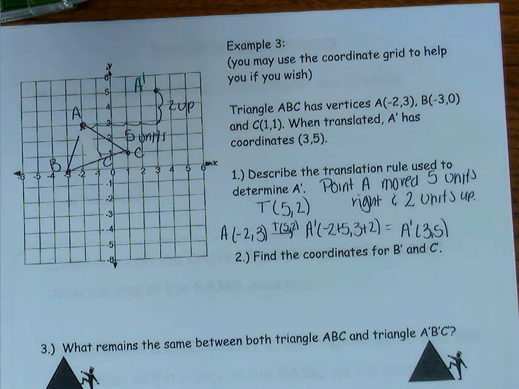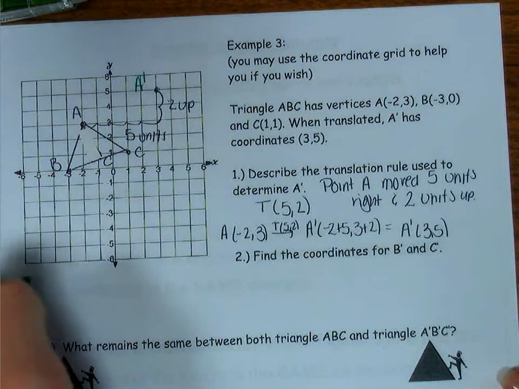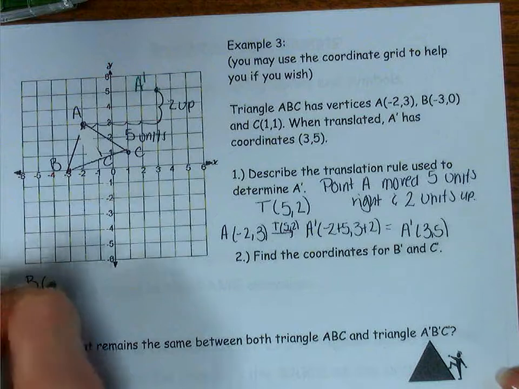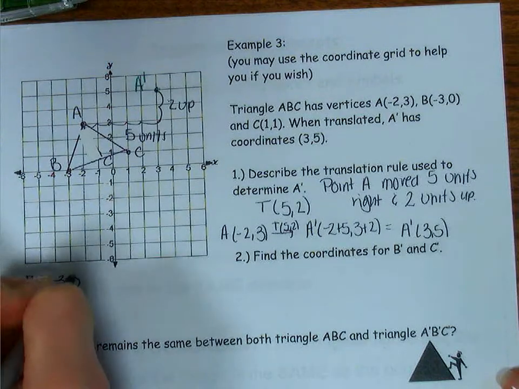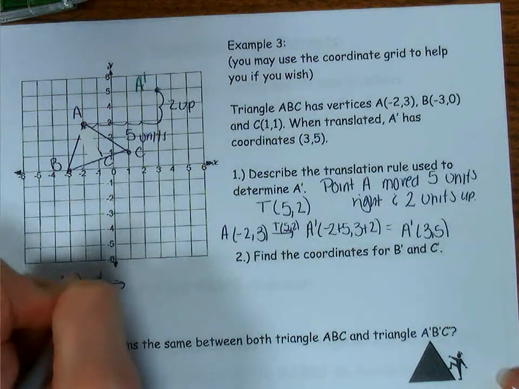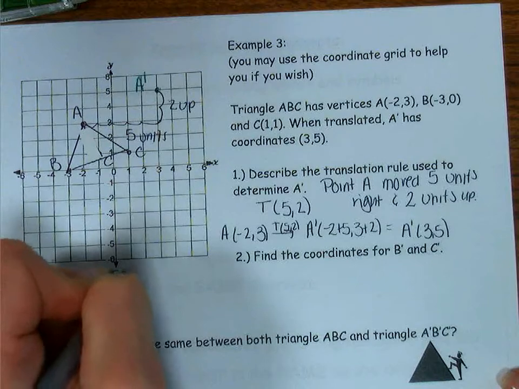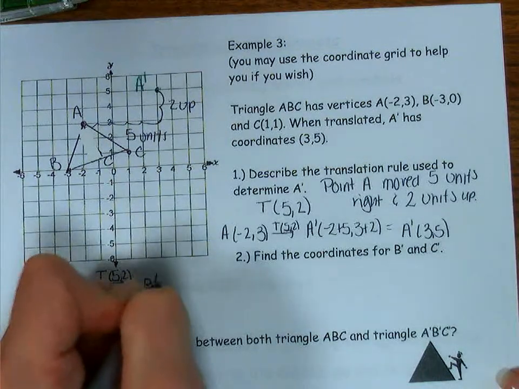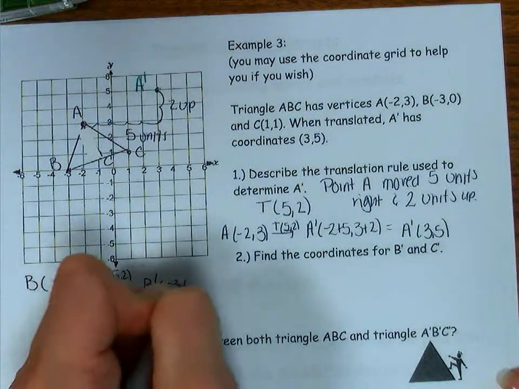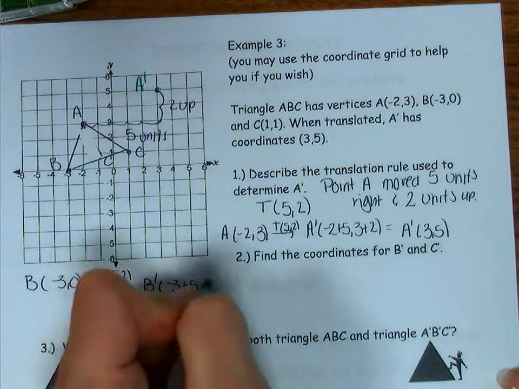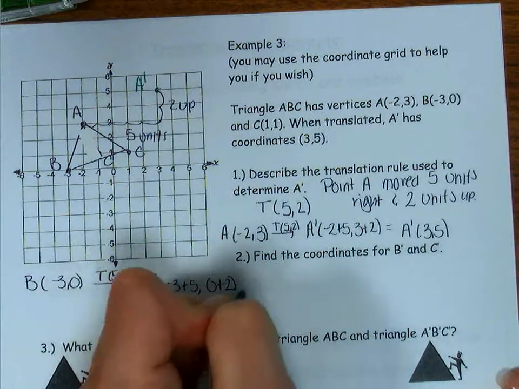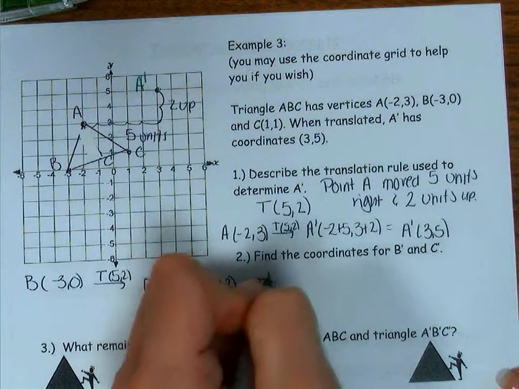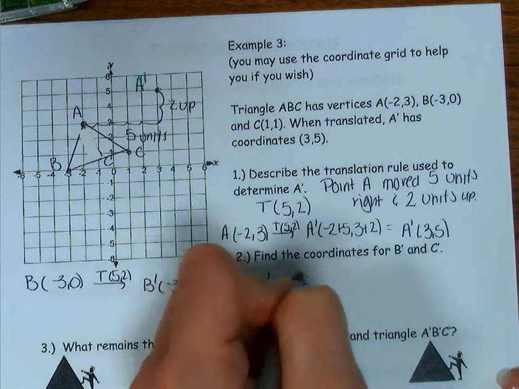Okay, so hopefully you paused the video and we know that the coordinates of B are (-3, 0). We're applying the translation rule of (5, 2). So B prime, -3 plus 5, and 0 plus 2. So B prime is going to end up at (2, 2).